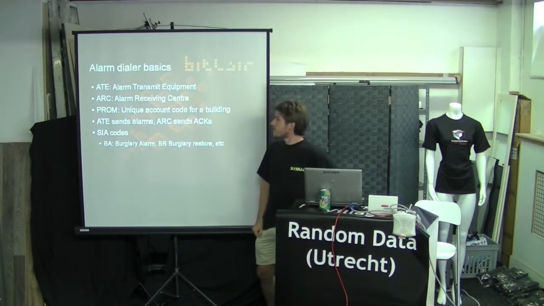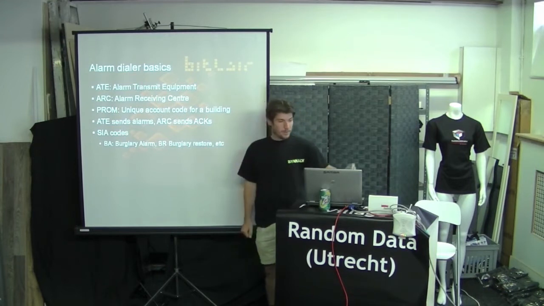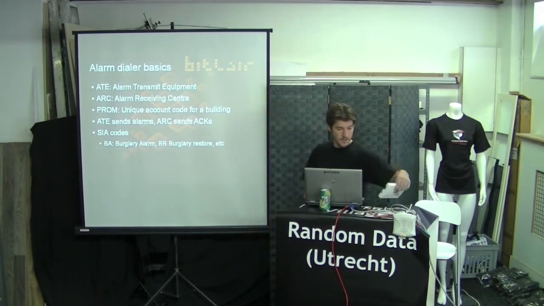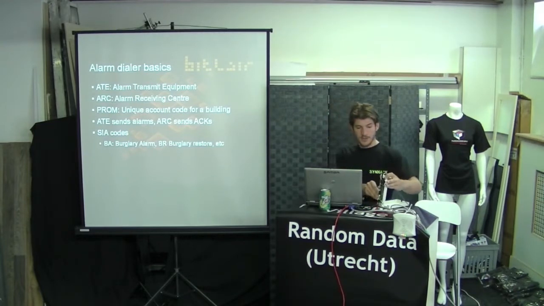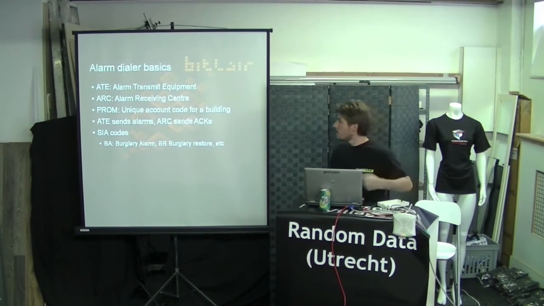The basics. It's filled with acronyms. So basically we have alarm transmit equipment, the ATE, which is basically this dialer, which uses an interface to the alarm system on this end and Ethernet on the other end, transferring events to the alarm receive center.